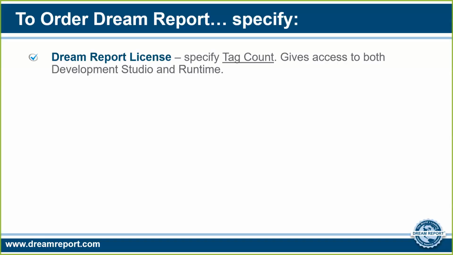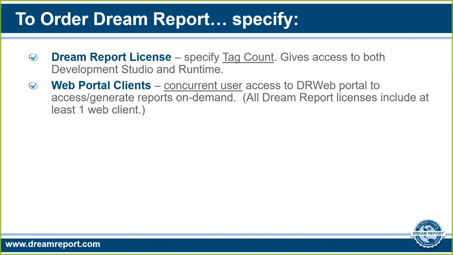Okay. So that's the core tag-based licensing. Now I mentioned the web clients. So you specify your tag count. That gives you both access to Development Studio and the runtime engine. The web portal clients are concurrent user licenses which give access to the web portal. The web portal is always included with Dream Report, and we always include at least one web client.